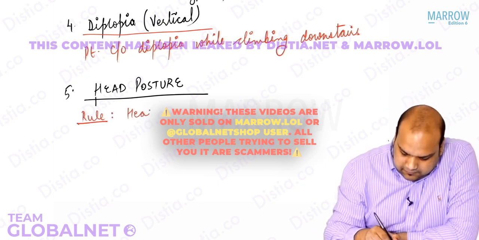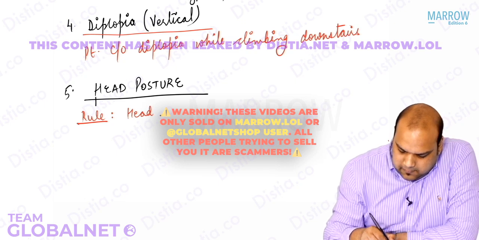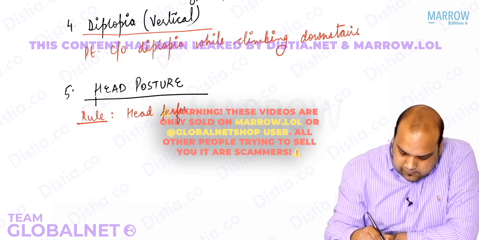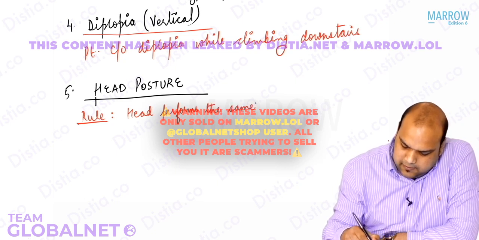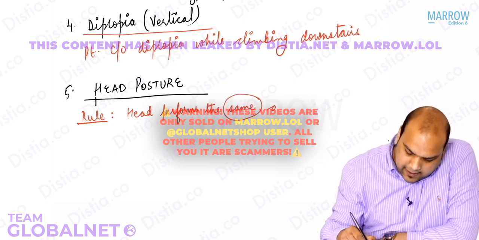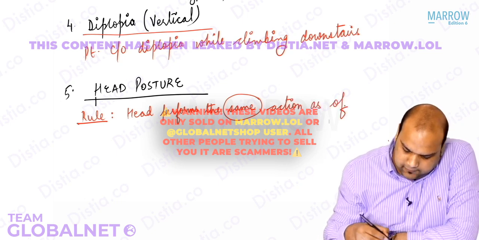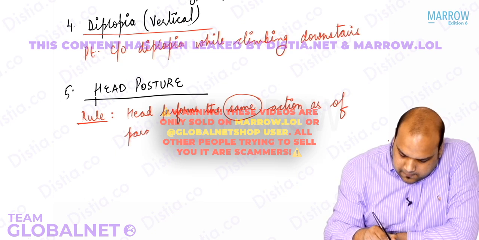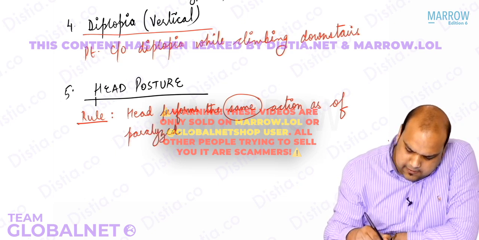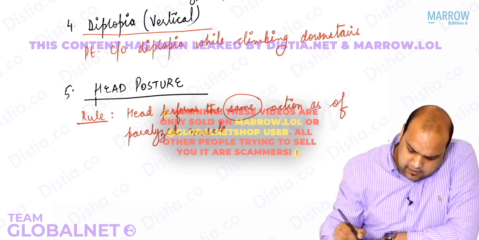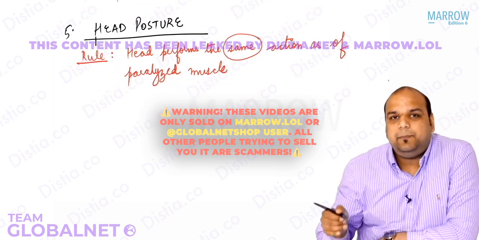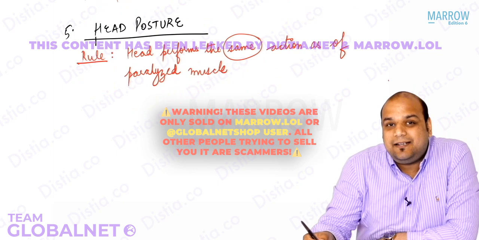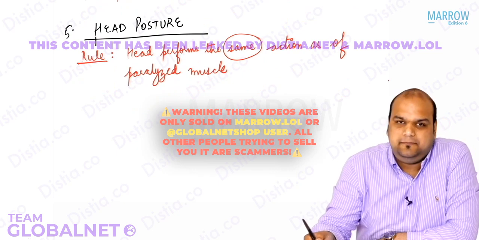Head performs the same action as of paralyzed muscle. This is the way, it is the simplest to understand. Head posture. Head performs the same action as of paralyzed muscle.